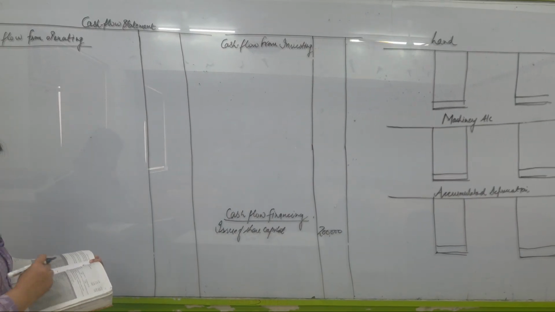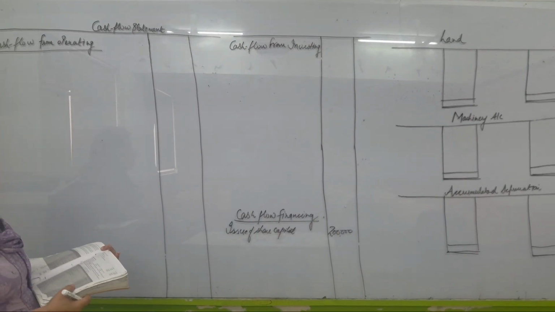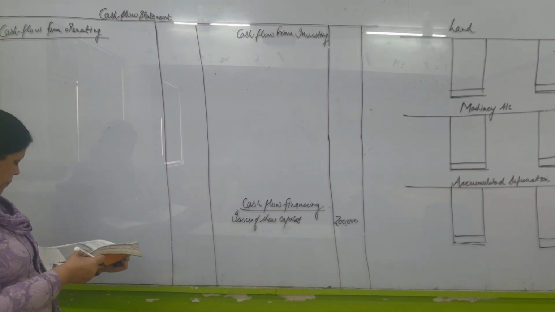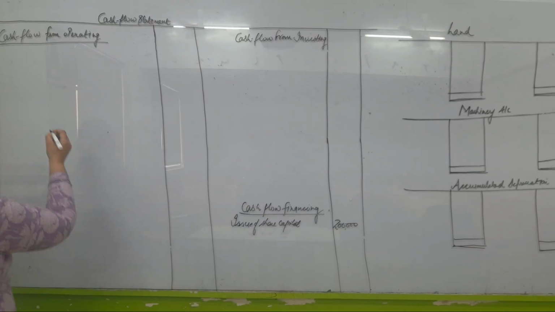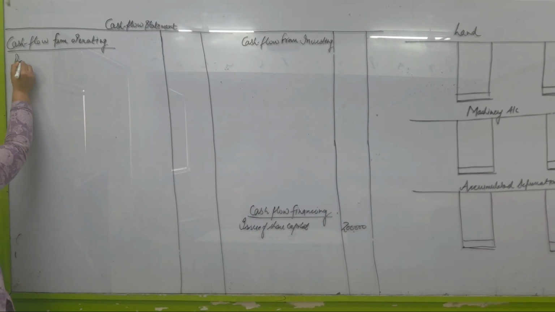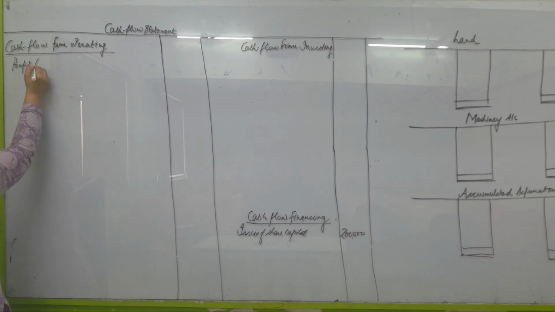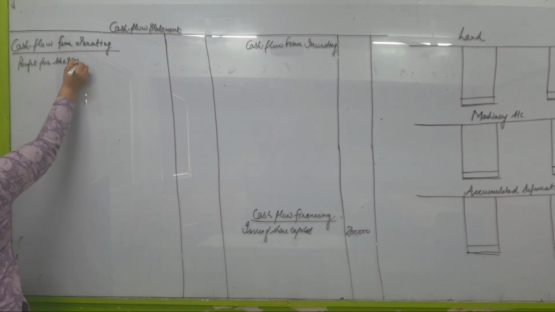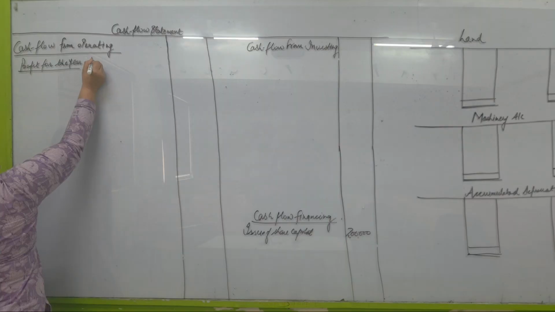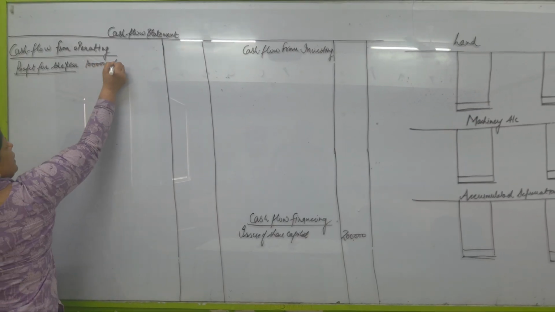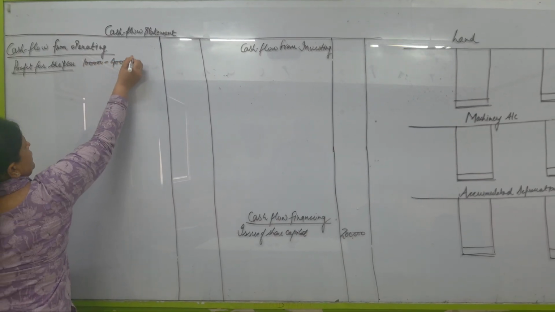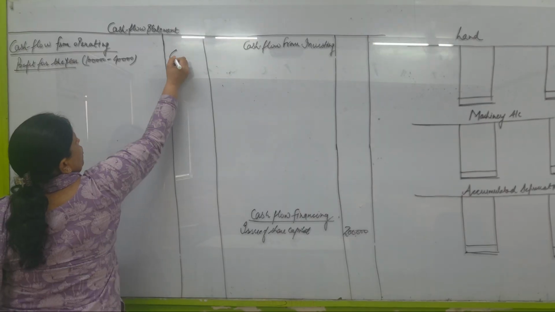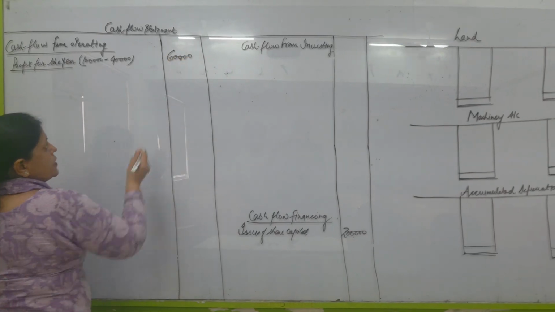Reserve and surplus is given 1,30,000 and 40,000, but profit for the year is given. Current year profit minus last year profit. This is profit for the year, 60,000.